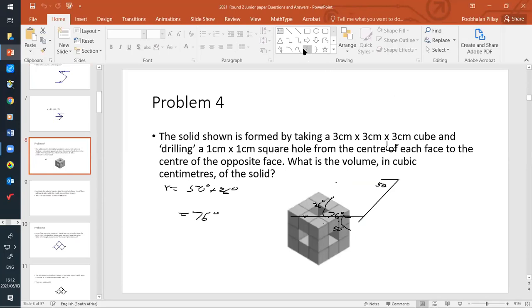Okay, so problem 4 is on the screen. Here we have a solid. Oh, by the way, I put up the question paper on the Google Classroom on Tuesday.